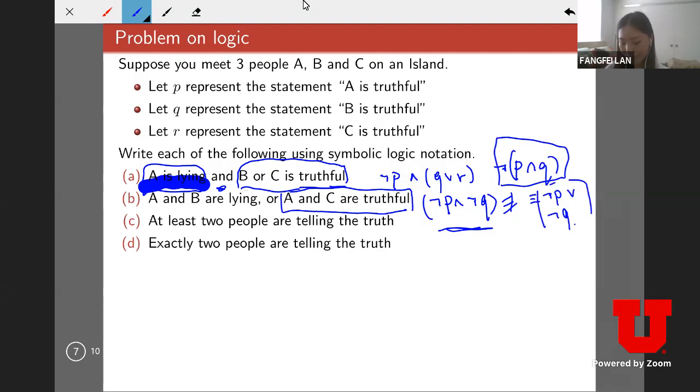That statement says either A is truthful or B is truthful. We want A and B are both lying. So if we want to say that they're both lying, they both have to be negated.